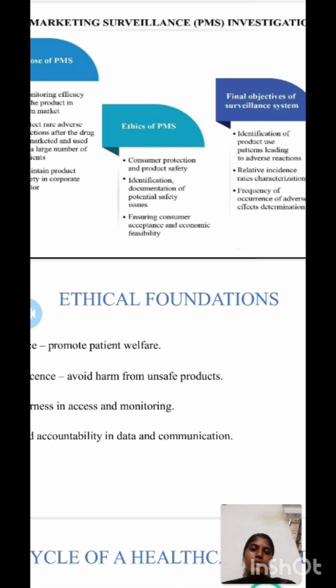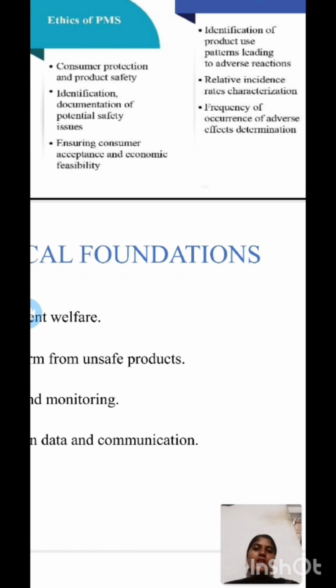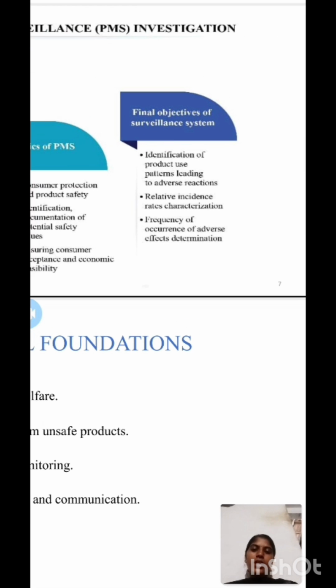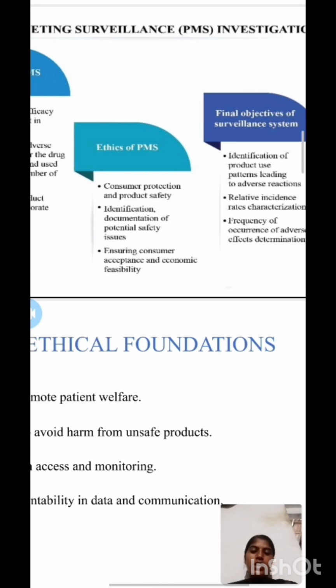The ethics of PMS: consumer product safety, identification and documentation of potential safety issues, and ensuring customer acceptance and economic feasibility. Every ethic comes under economics. The final objective of the surveillance system: identification of product use patterns leading to adverse reactions, relative incidence rates and characterization, and frequency of occurrence of adverse effects and determination.